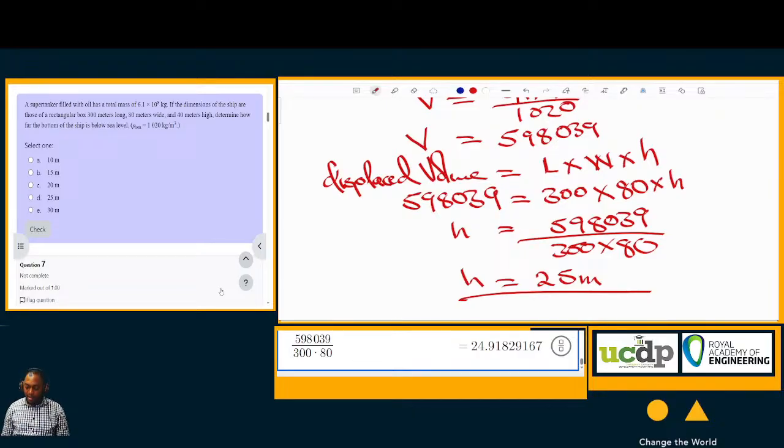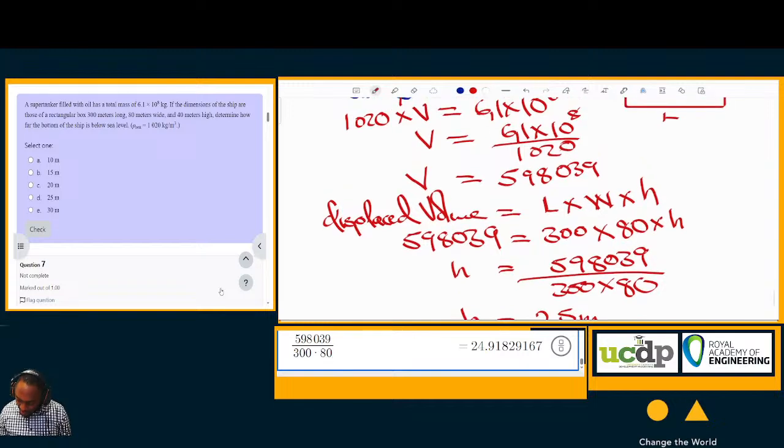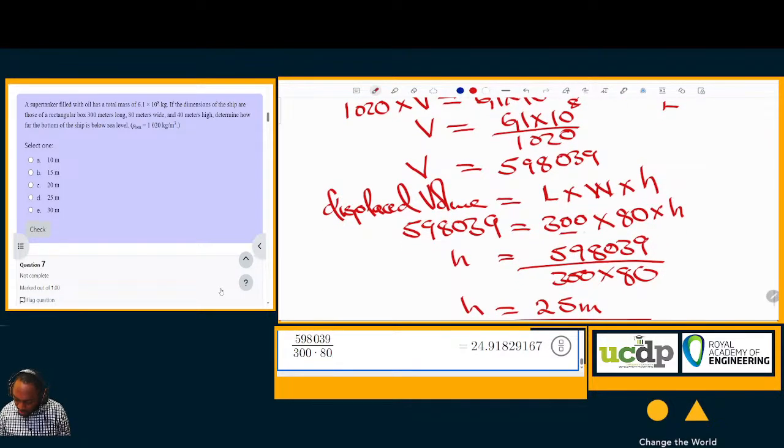So if you multiply 25 meters by 300 by 80, it will give you this volume that has been displaced. From that volume, we're able to find what the height is, because we have got the width and the breadth.